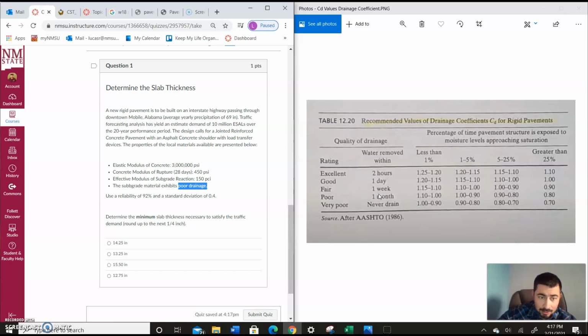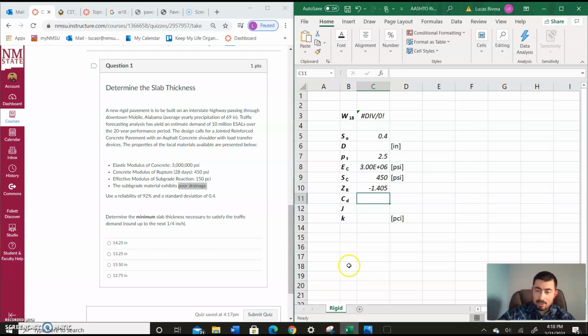I think I might need to use my engineering here, but 69 inches of rain a year. Percentage of time pavement structures exposed to moisture levels approaching saturation. I know that 69 inches a year is a lot. I'm going to go with greater than 25%. I would say poor, 25, that's 0.8. I'm going to risk it because that's a lot of rain, at least to my New Mexican self.